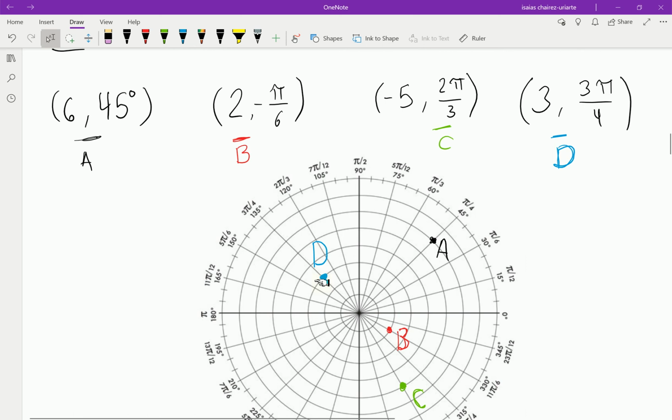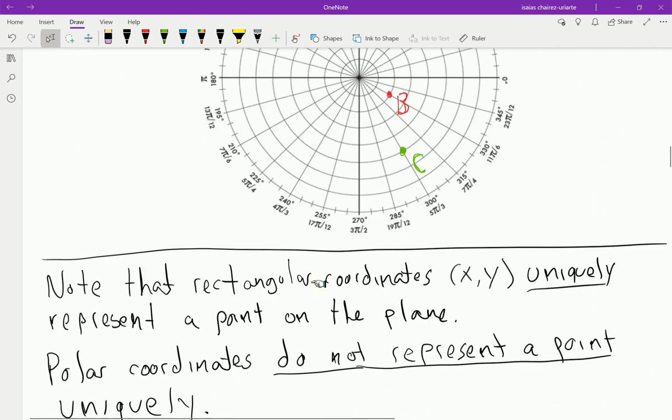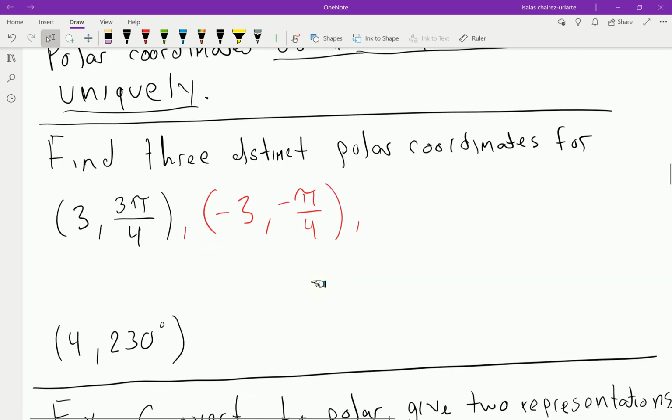That would also give me the same point. Now I'm going clockwise, so what is this angle? Hopefully you agree that it's 5π/4. So another possibility here is (3, -5π/4).